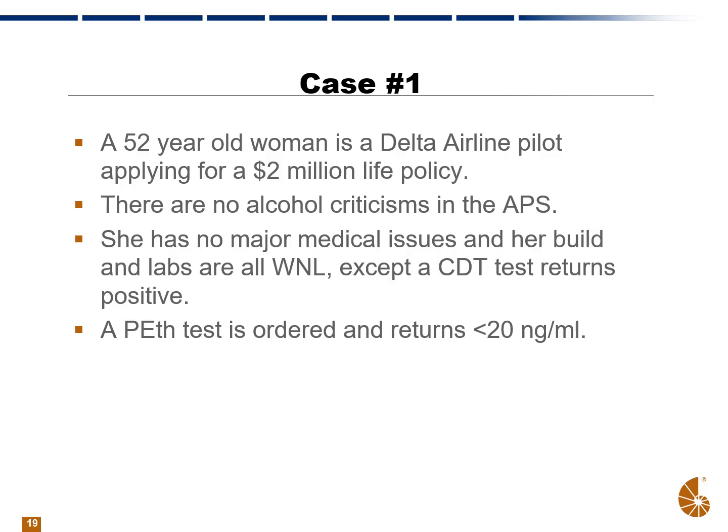And whatever caused that CDT test to be positive, it really doesn't mean this person is drinking excessive amounts of alcohol, because we have a really durable test, PEth, that tells us that this person is not drinking ethanol. So it would be very helpful here. And we'd feel more safe flying on Delta Airlines if this woman was the pilot.